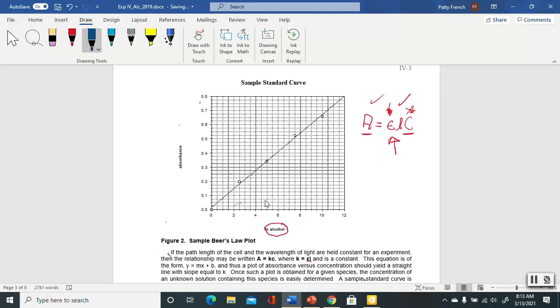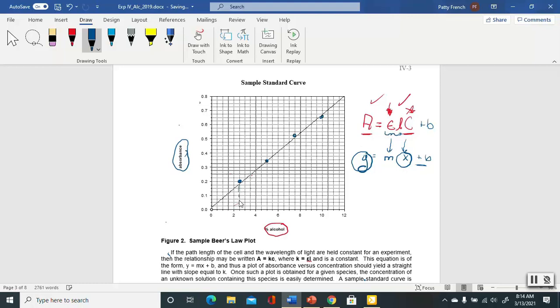So what we're left with is a group of samples that we know the concentration of alcohol, and we can measure at 580 nanometers the absorbance, and then we can plot it. And it should, if you've done it correctly, plot a nice straight line. So we can see that we would need to plot absorbance versus concentration. And that would give us our molar absorptivity. So here we go. We've plotted percent alcohol.